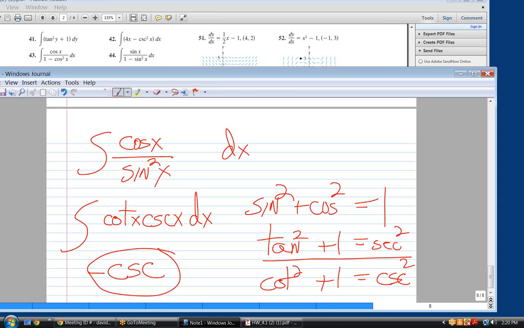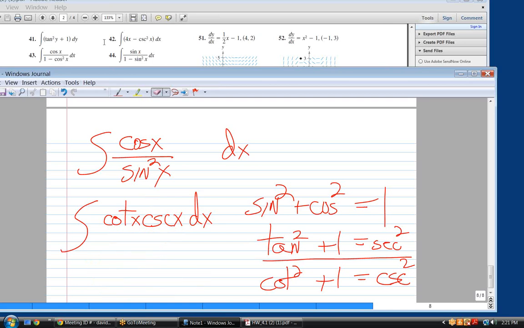And notice that it's reversed, which makes it a little harder to recognize. Usually we're looking at the derivative of cosecant as being negative cosecant cotangent. Well, the way I happen to write this, I put the cotangent first and the cosecant second, but you need to be able to spot those.